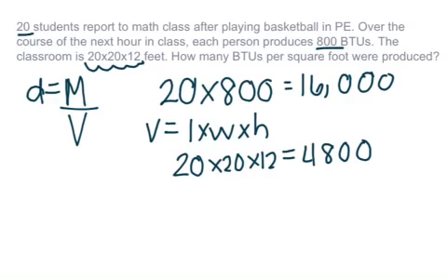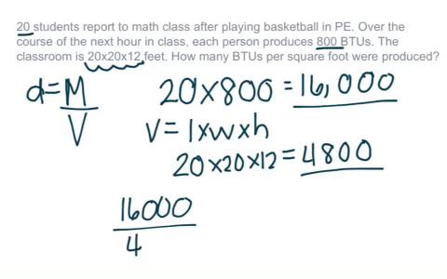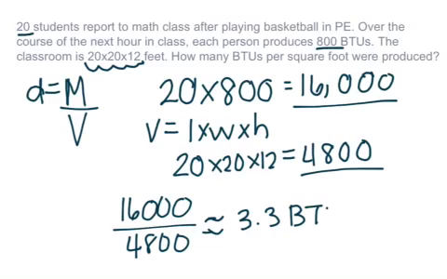Now we're just going to take the BTUs and divide it by the volume. So we take 16,000 and divide it by 4,800, and find out it's approximately 3.3 BTUs produced per cubic foot.